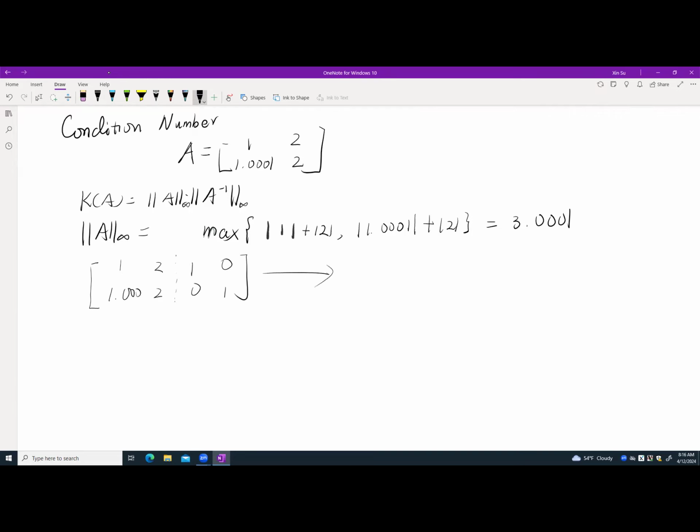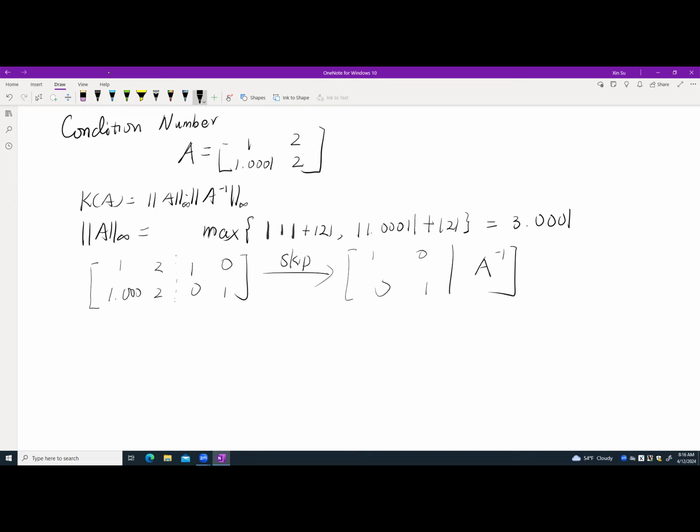And you do some row operations to change the left-hand side to the identity. With the row operations, the right-hand side should be the A inverse. I just skip the process here, but you need to fill out the process to get the A inverse. But if you have a calculator, you can also use a calculator to get your A inverse as well. And I don't mind that because this is numerical, this is not linear algebra class.